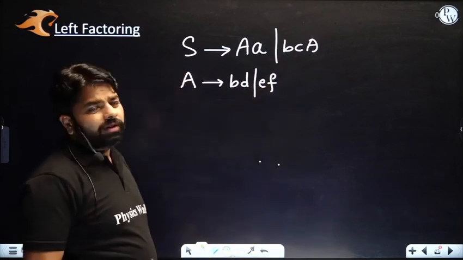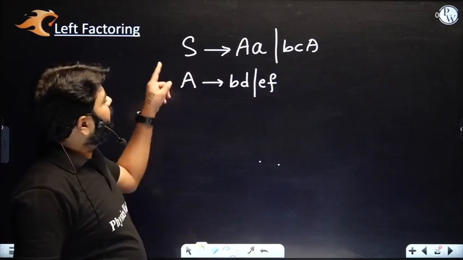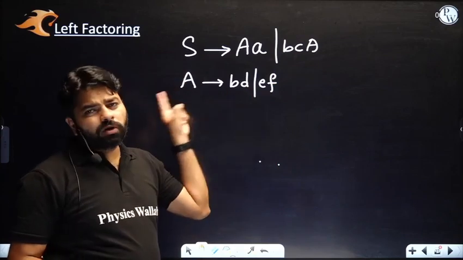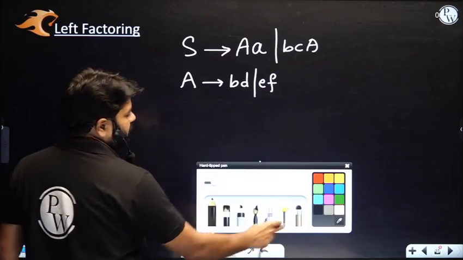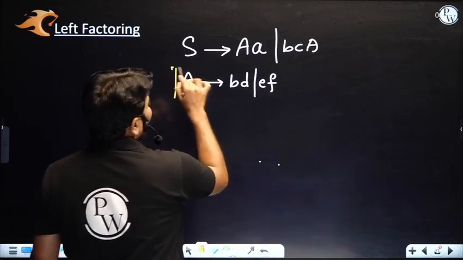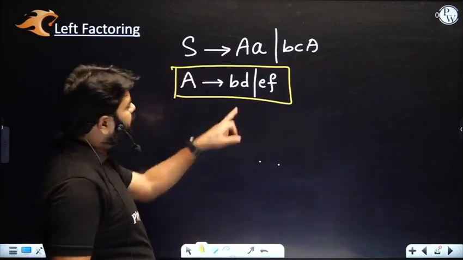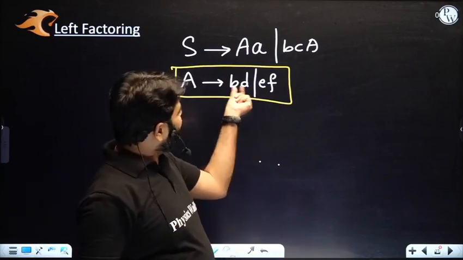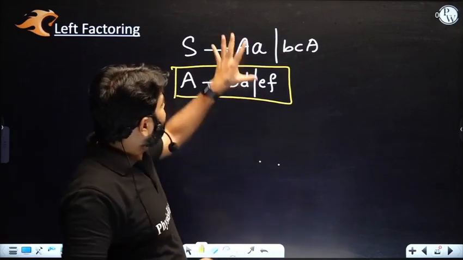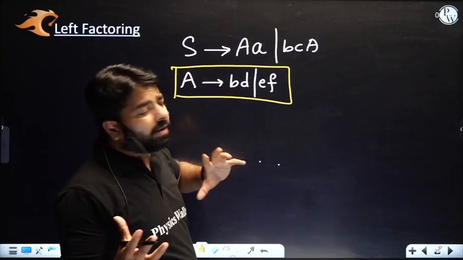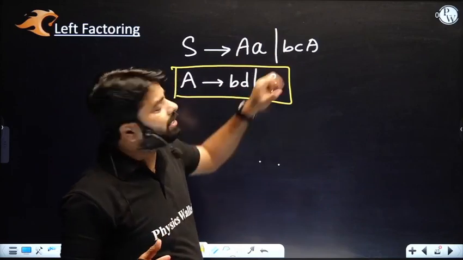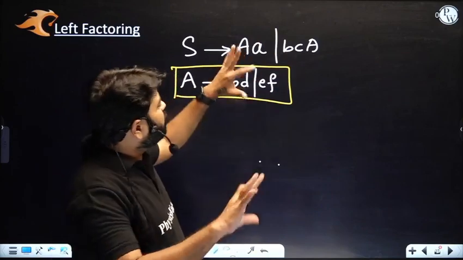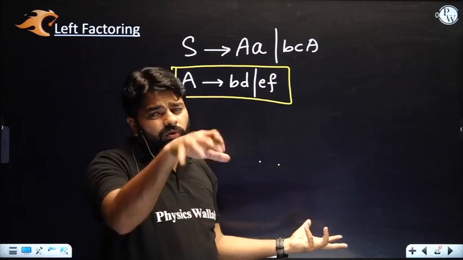Now you see capital A: there is no common prefix, so this will be the final answer, you can't do anything with this. You don't see any common prefix here. It's a B and this is E, so no problem. But here you can't compare. Why? Because here a non-terminal is there, here a terminal is there. Anyhow, there is no left recursion in this, so you need not eliminate.